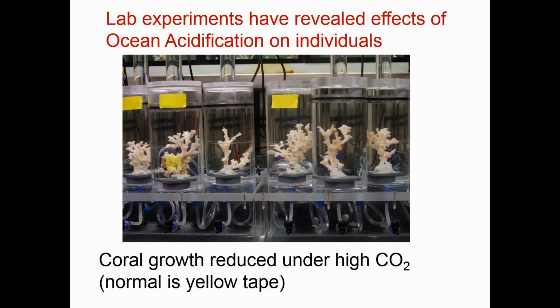And what we see is that in current conditions, the coral is very branched, it's very healthy, we've got lots and lots of polyps, it's branched left, right and centre. When the CO2 conditions are high, which has led to increased acidity, we've got much less branching. The coral is not nearly so clustered, and we've got far fewer polyps on the end, and this is seen again and again.